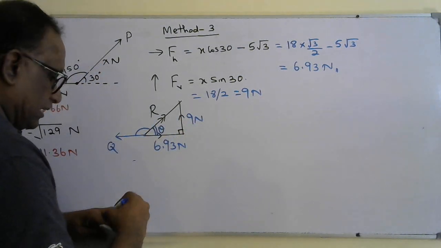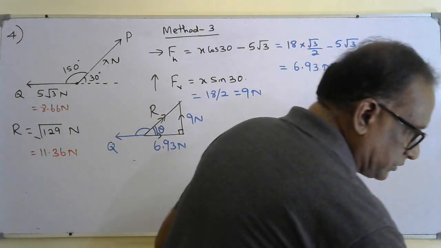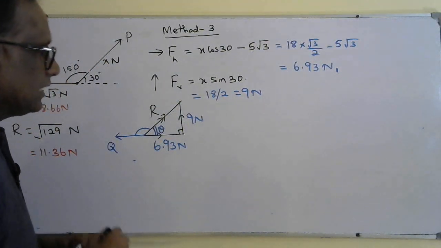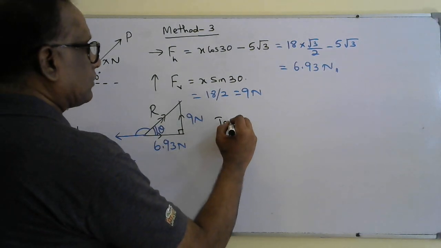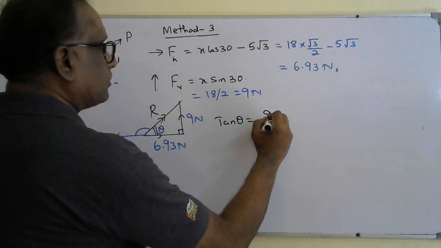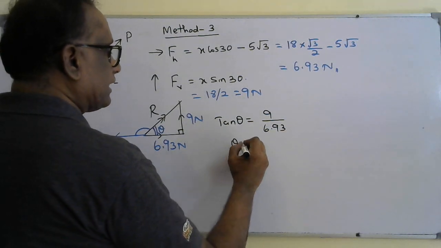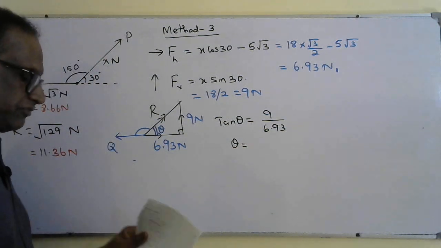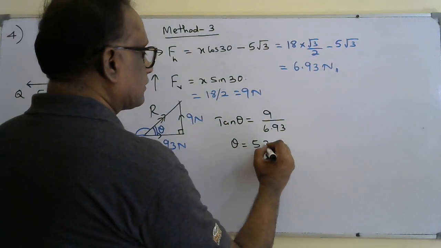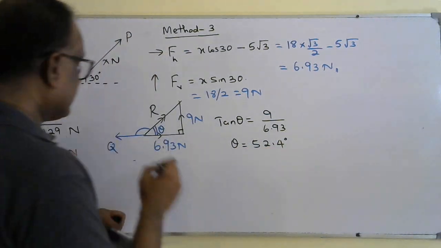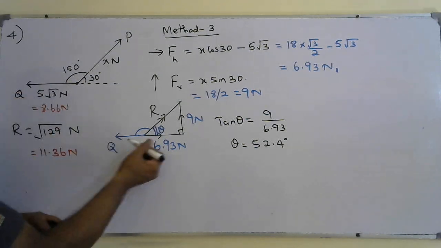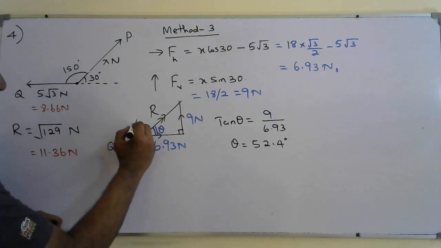We'll find the theta. So tan theta is equal to 9 over 6.93. Find the theta. You will get theta 52.4 degree. But the question is between Q and R, and Q is towards left, so we need to find the alpha.